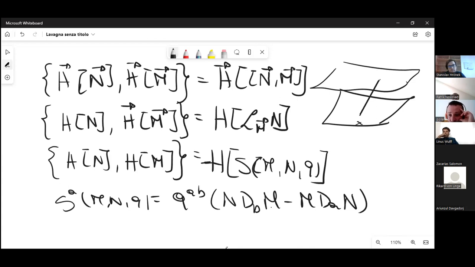So this is what I call the T mu vector, and this was the normal vector n mu, and this is the shift vector. So this T mu is given by a combination of the shift vector and also the lapse function which multiplies the normal vector at a point x.